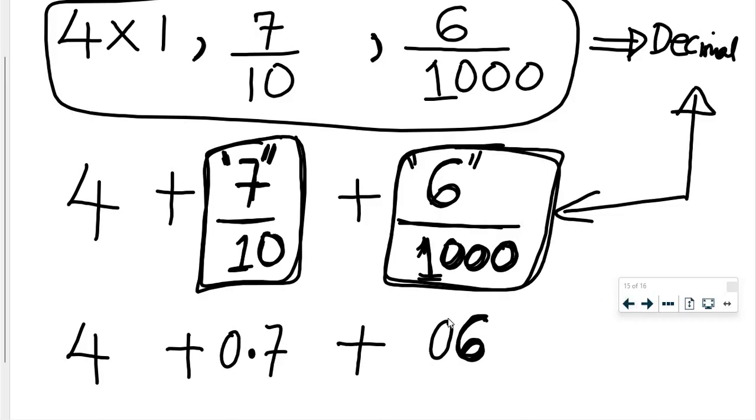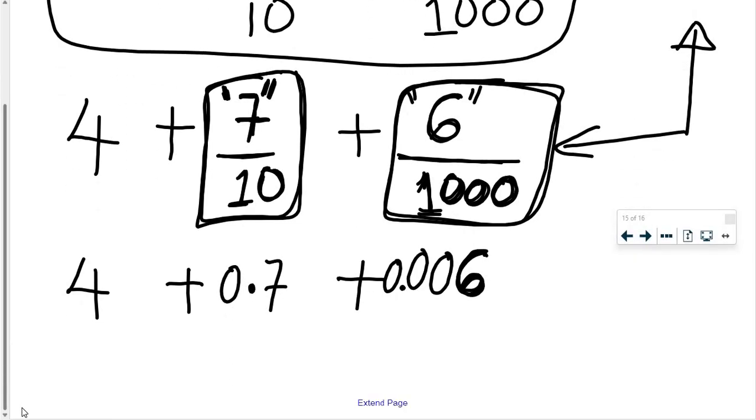We add 0 here. We add another 0 here. So we have 1, 2, 3 decimal places. We put a dot there. And then the answer becomes 0.006. Meaning 6 upon 1,000 is the same as 0.006. 7 upon 10 is the same as 0.7.